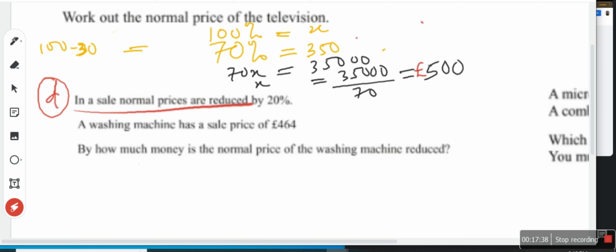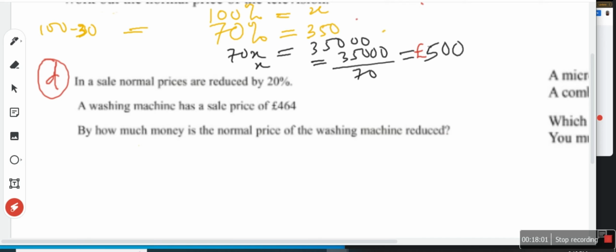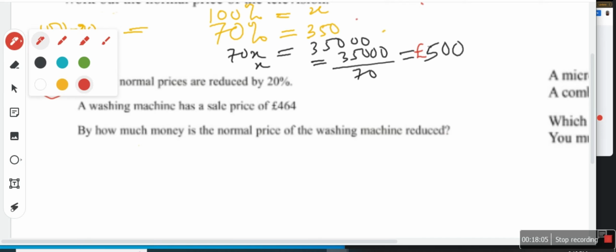So in a sale, normal prices are reduced by 20%. A washing machine has a sale price of 464. So by how much is the normal price of the washing machine reduced? Pardon?